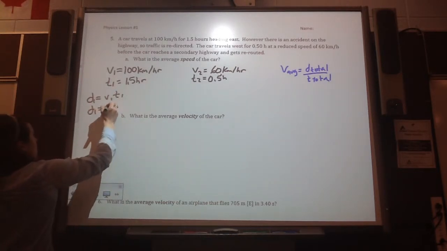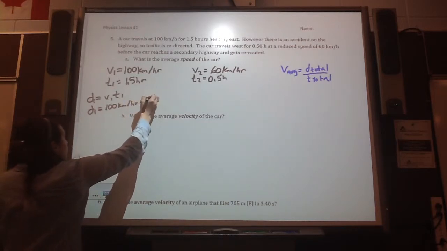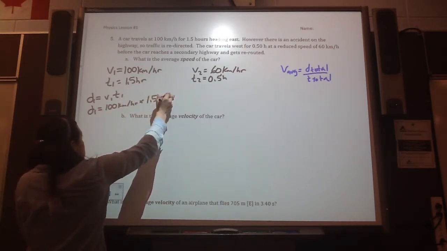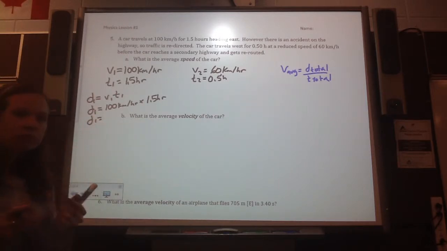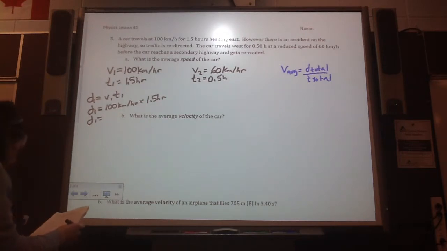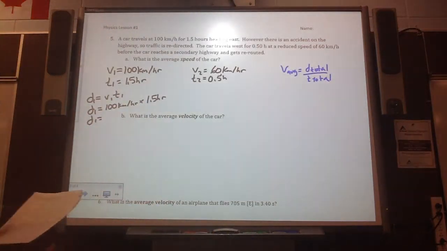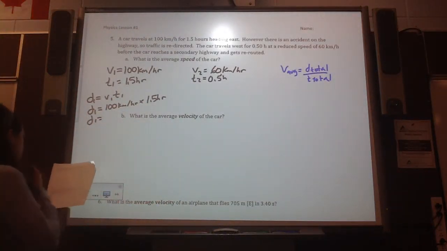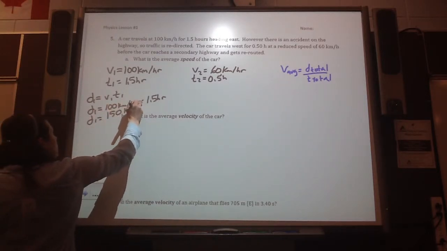So D1 is equal to 100 kilometers per hour multiplied by 1.5 hours. Okay, so we have 150 kilometers is our D1.